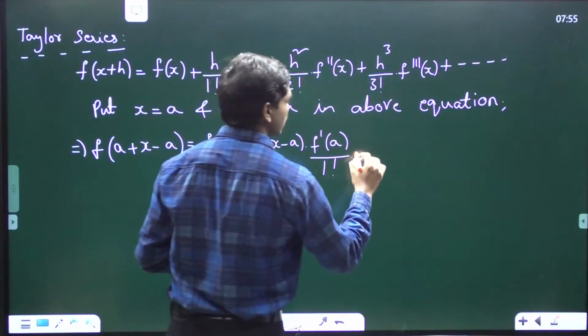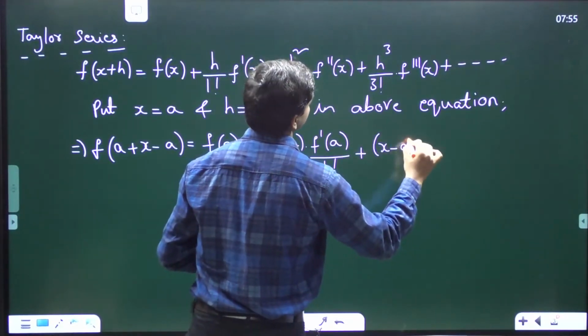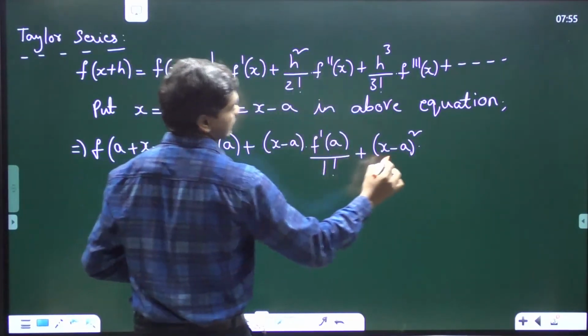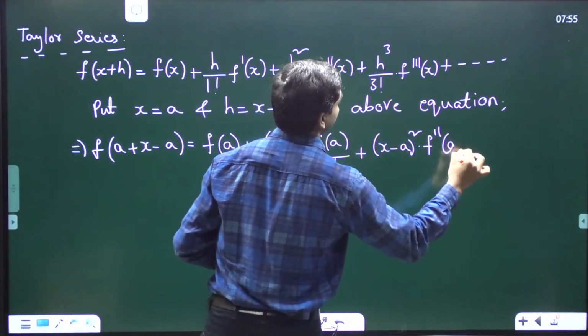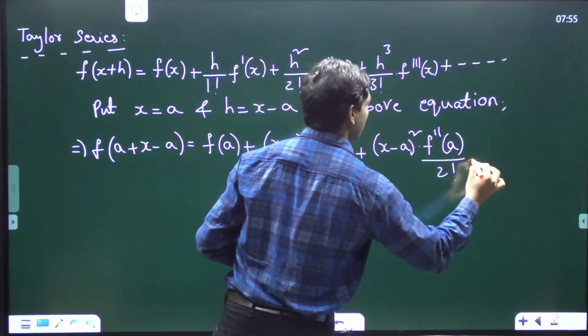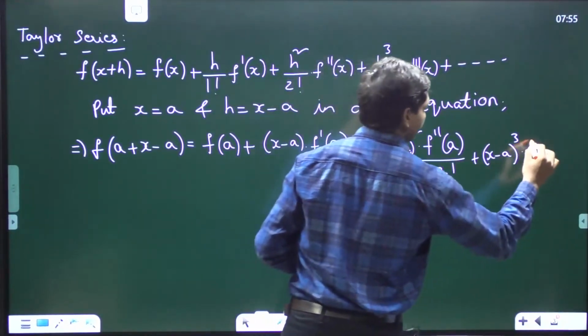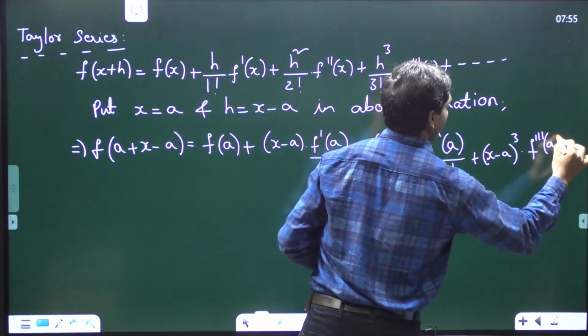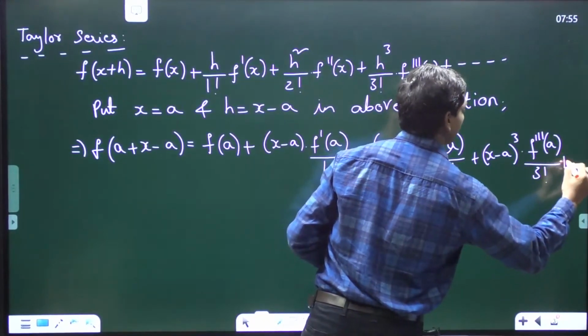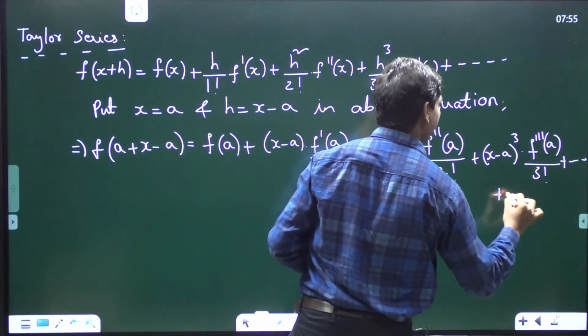It's obvious that x minus a whole square, in terms of this h square, into f double dash of a by 2 factorial plus x minus a whole cube into f triple dash of a by 3 factorial plus and so on. This is an infinitely extending series.